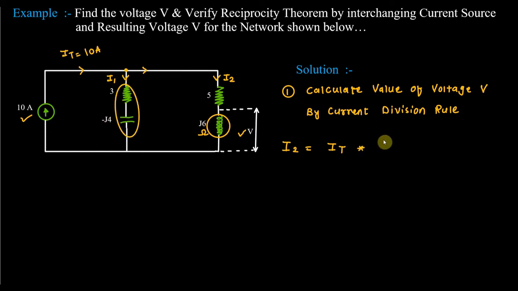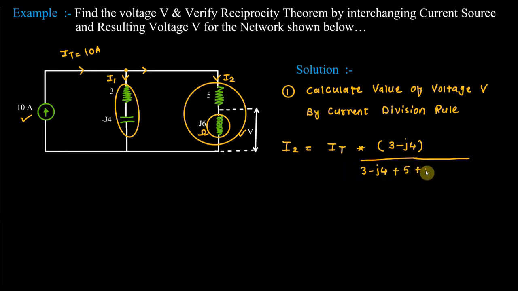So it will be IT into 3 minus J4 divided by the sum of the parallel branches. You can see that this 3 minus J4 and this 5 plus J6 branches are parallel to each other. So I will write 3 minus J4 plus 5 plus J6.